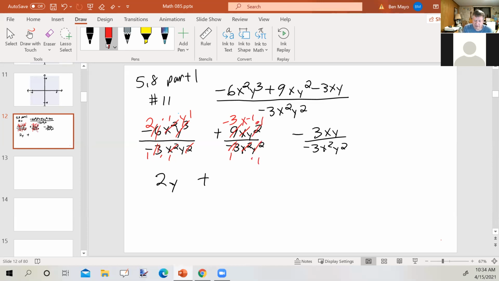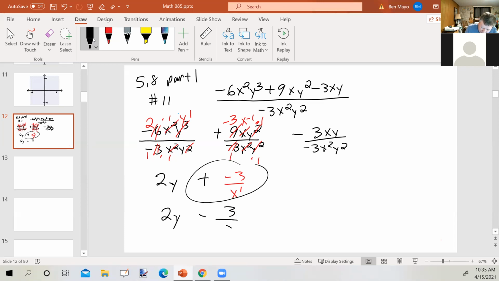So now I've got negative 3 x to the negative 1. But that would be negative 3 over x to the positive 1. And in fact, I'm going to just write minus 3 over x. Are you okay with how I got from there to down here? Any questions there? I could have written plus a negative, but it just seems cleaner to write minus 3 over x.